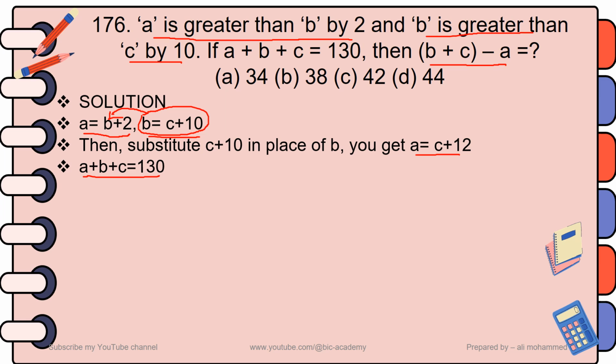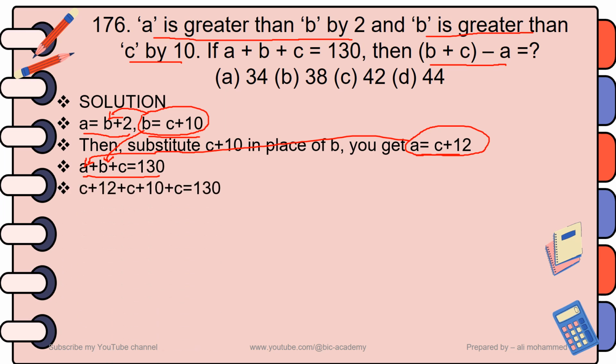Now substitute the value of A, which is C plus 12, in this equation, and again substitute the value of B, which is C plus 10, in place of B here. Now you can rewrite A plus B plus C is equal to 130 as such.